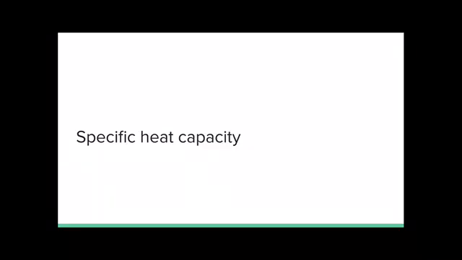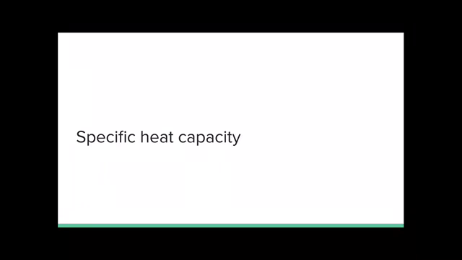Specific heat capacity is the amount of heat per unit mass required to raise the temperature by 1 degree Celsius. Basically, it's the amount of heat you need to increase the temperature of a substance.